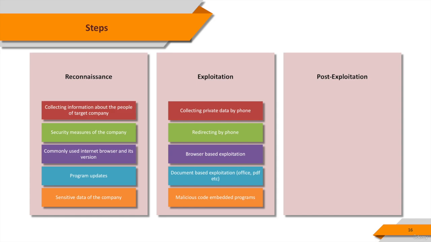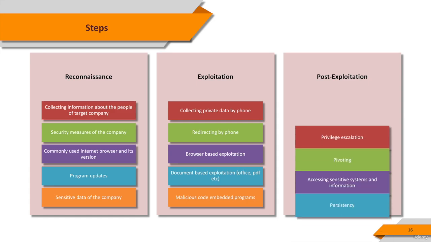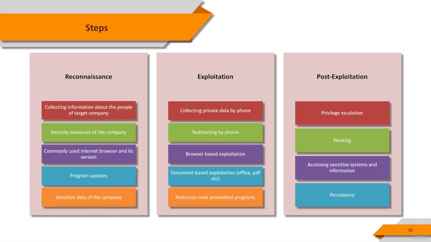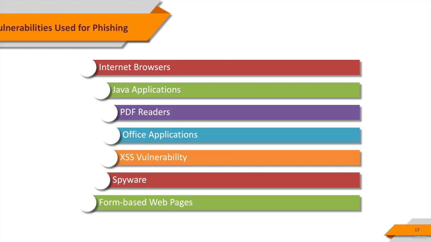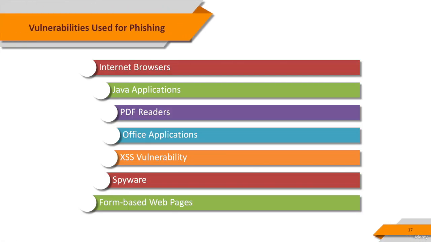Post-exploitation is deep diving. The actions of this step are to see how far you can go inside the company, accessing the most sensitive systems and information, creating backdoors for further use, etc. In addition to human weakness, system weaknesses are also used in phishing attacks.